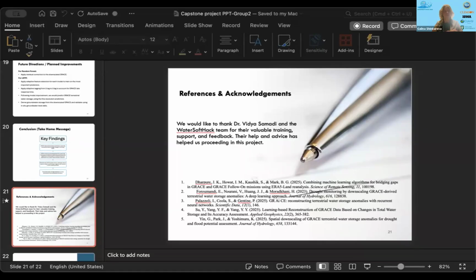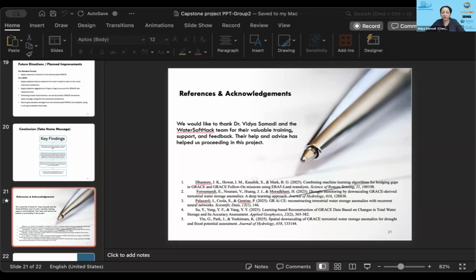Since we are going to conduct this WaterSoftHack training again next year, I'm going to reapply for the NAIR resources and see how much credit they give us. But for sure, till the end of December, you can use it.